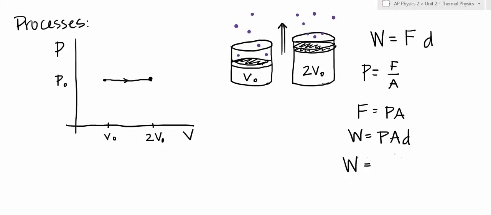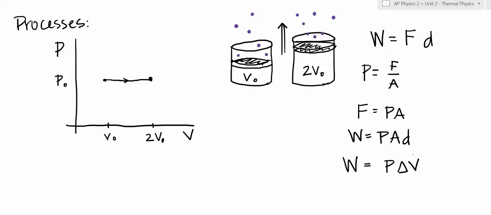And so the work done would be the pressure times volume, and the only way you're going to get a volume is if this is a change in distance, right? So we have to have a change in volume.